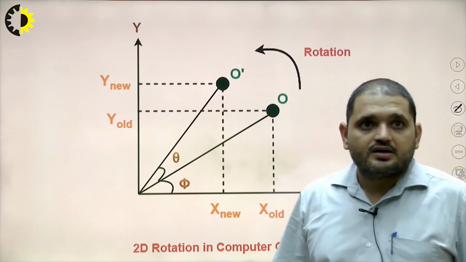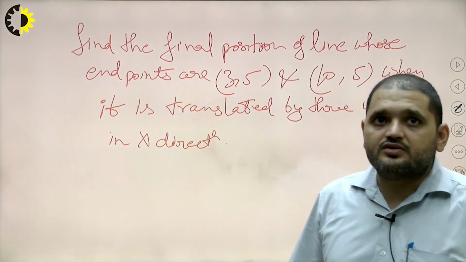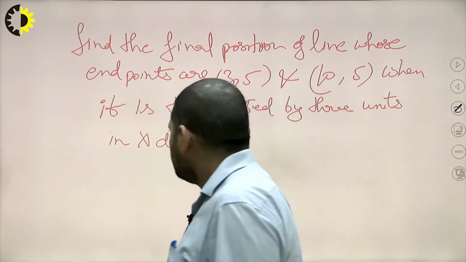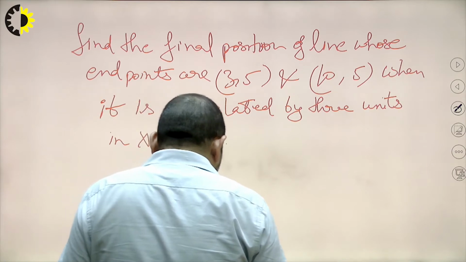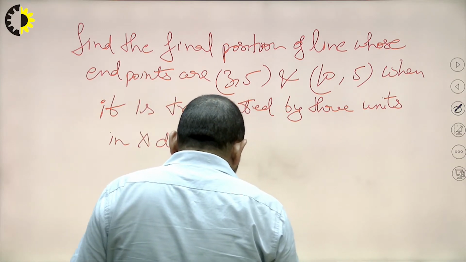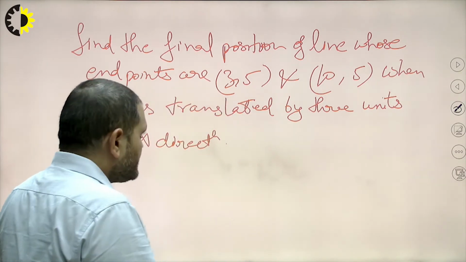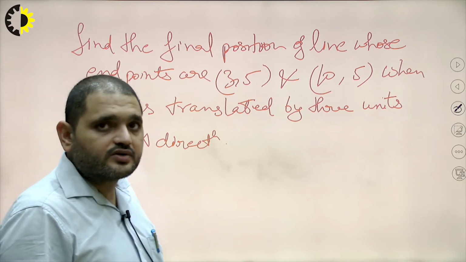If I come to the question, the initial coordinates are given as (3, 5) and (10, 5). For both these coordinates we will find the values.